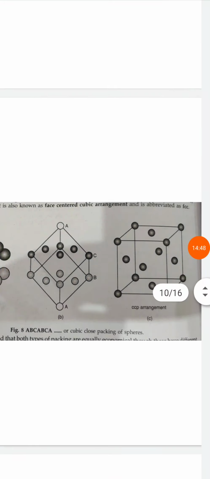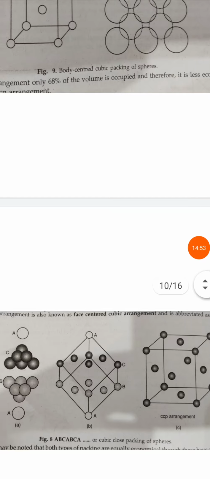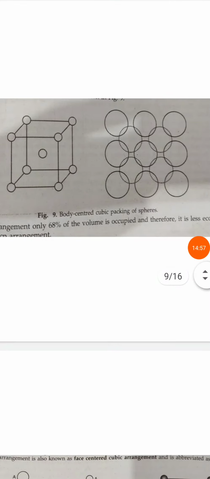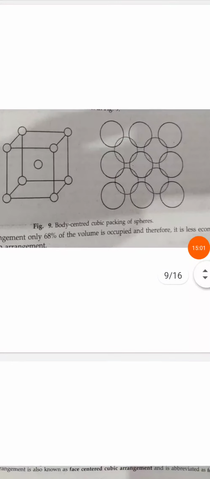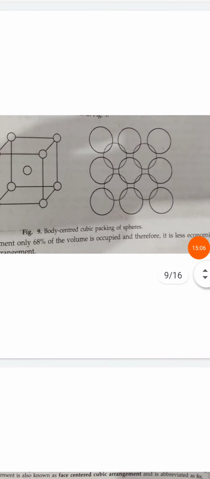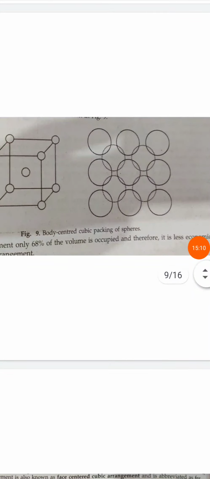In addition to the above 2 close packed arrangements, there is another arrangement of packing spheres which is known as body centered arrangement. In body centered cubic packing of the spheres, abbreviated as BCC, the spheres in the third layer of the close packing are slightly opened up, and this is shown in the figure.